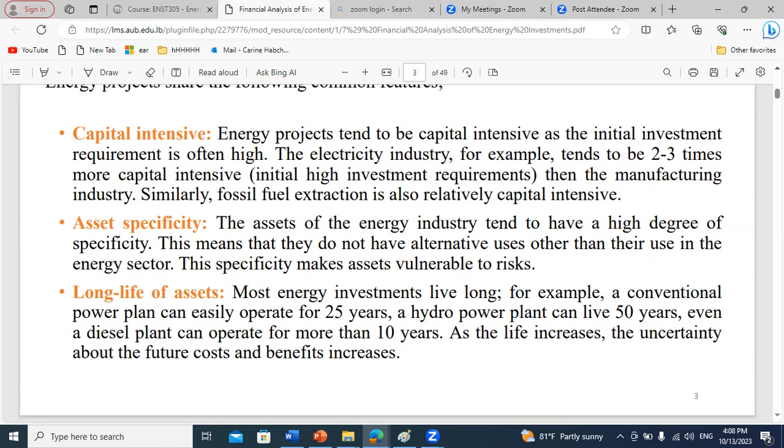Now, another disadvantage of energy projects is the asset specificity. In general, energy projects are used in limited alternatives. The assets of the energy industry tend to have a high degree of specificity. This means that they do not have alternative uses other than in the energy sector.